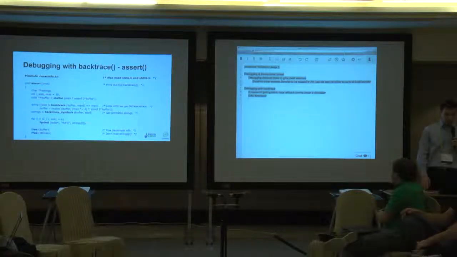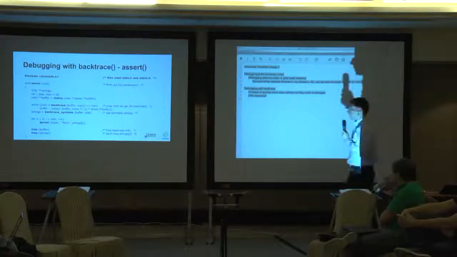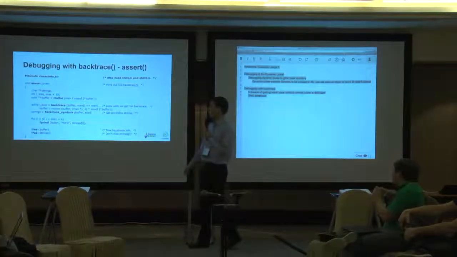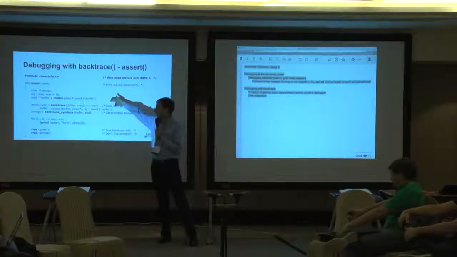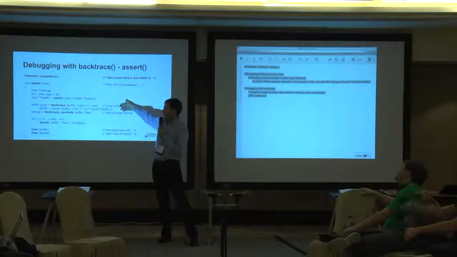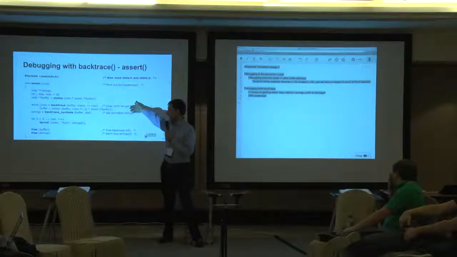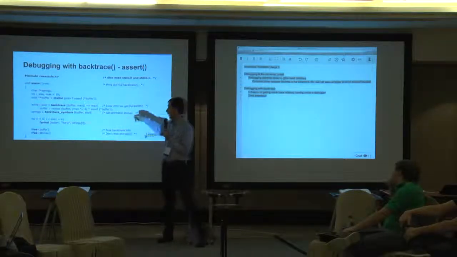So to add a printout of backtrace, in this case, we need to do a couple of things. First, we need a buffer where to store the backtrace. Then we populate the buffer with backtrace information, we convert that to strings, and we print that out.